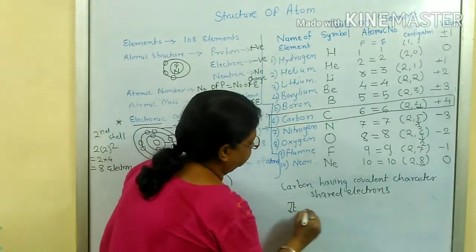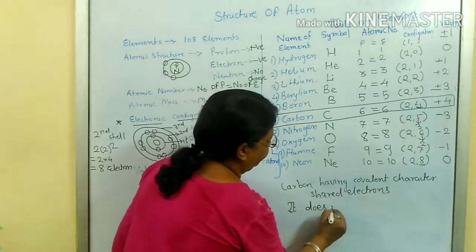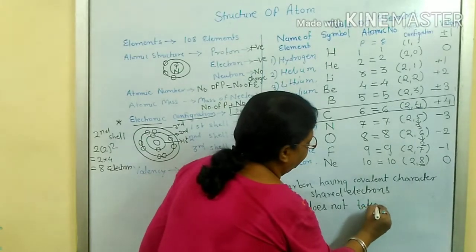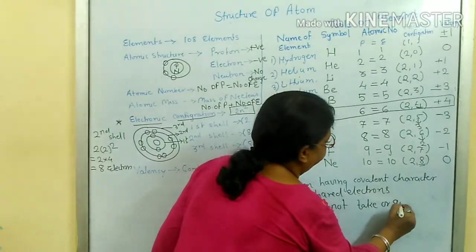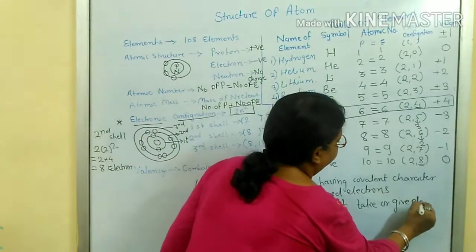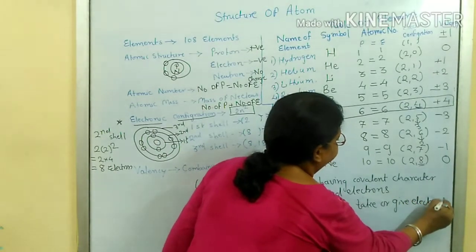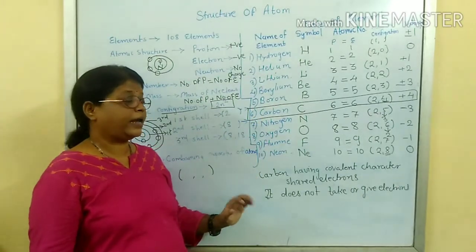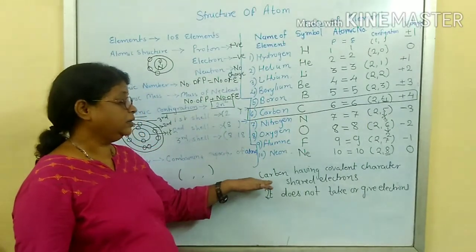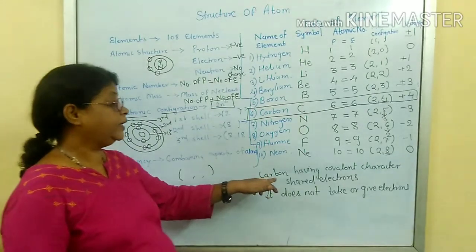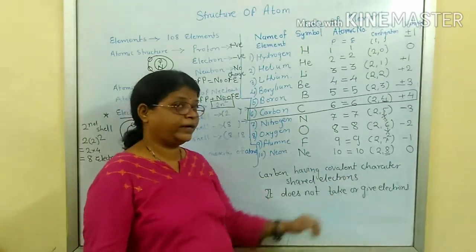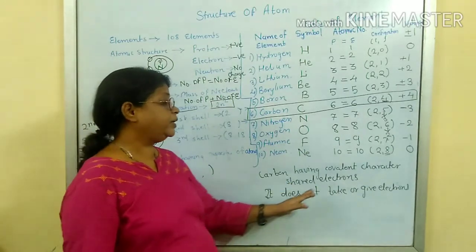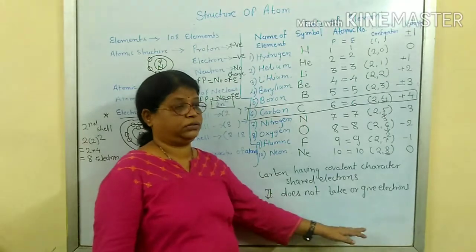It does not take or give electrons. So carbon has a very special character different from other elements, that is, covalent character. So it shares electrons and does not take or give electrons.